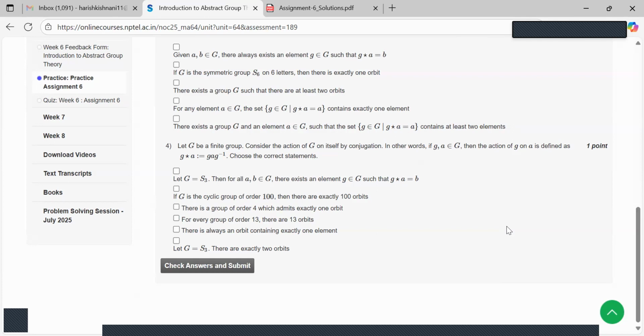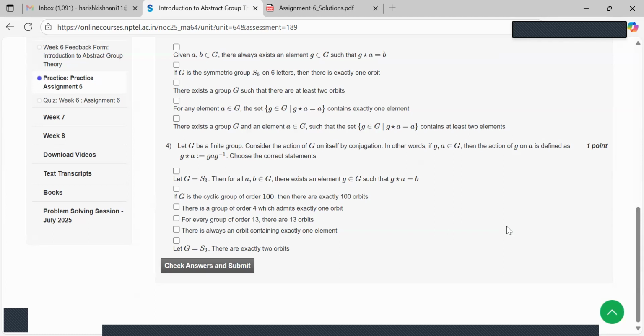So what is special about the group of order 4? Yes, you are also saying correctly. The identity always just contains the identity, so the orbit of identity is a singleton set. So there will be at least two, but groups of order 4 are abelian, so exactly four orbits will be there.